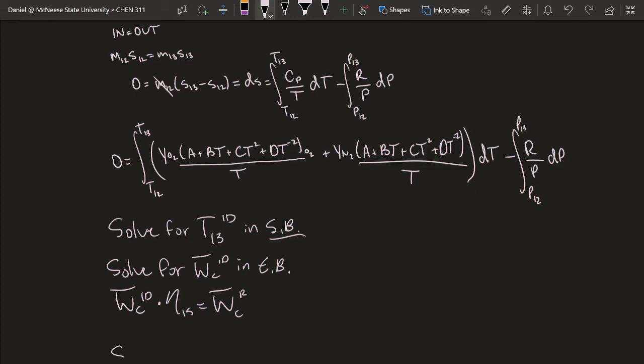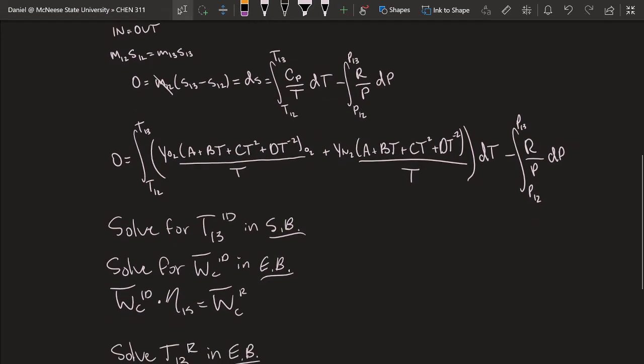Now I have the work of the compressor that's real. Now I can solve for T13 using my energy balance, the real one, by back flushing, I guess, if I'm going to call it that. So this is basically step 2 right here.